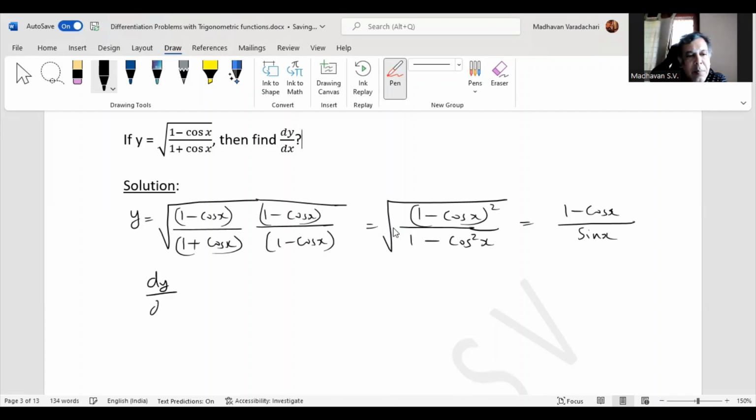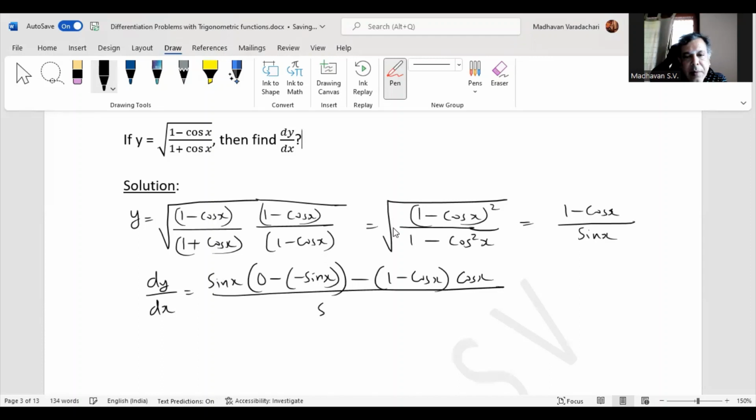So dy by dx will be u, that is sine x, times du by dx, which is 0 minus cos x, if I differentiate it, it is minus sine x, minus 1 minus cos x. The derivative of sin x is cos x. The whole thing divided by sine square of x.